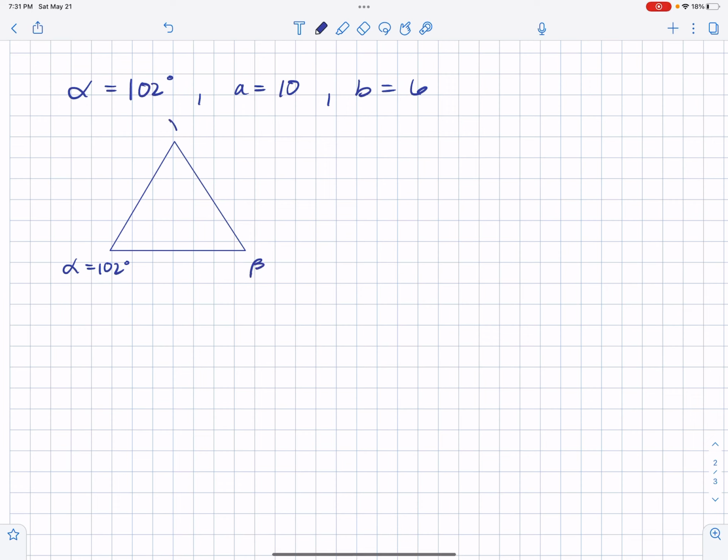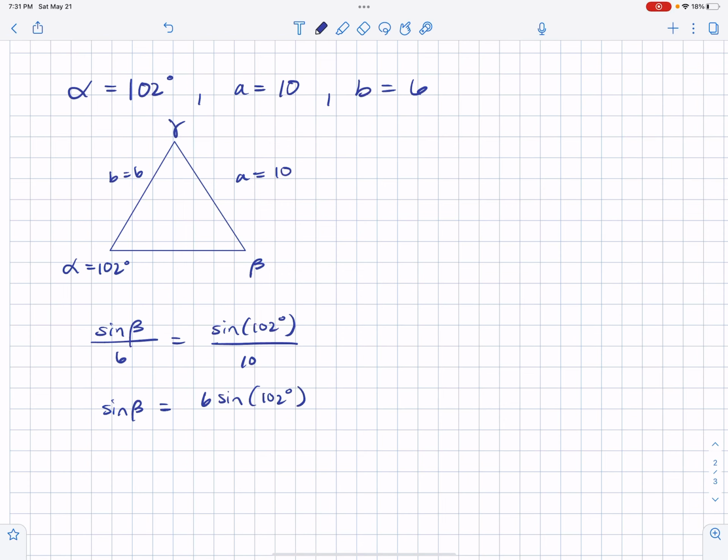We don't know beta, we don't know gamma. B is 6, A is 10. So we'd have to solve for beta again. So we'd have sine of beta over 6 equals sine of 102 degrees divided by 10. So sine of beta equals 6 times sine of 102 degrees divided by 10.